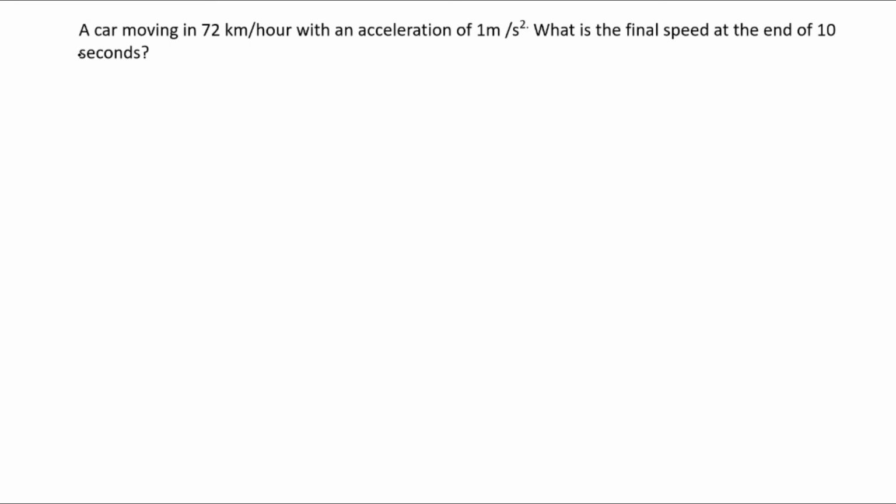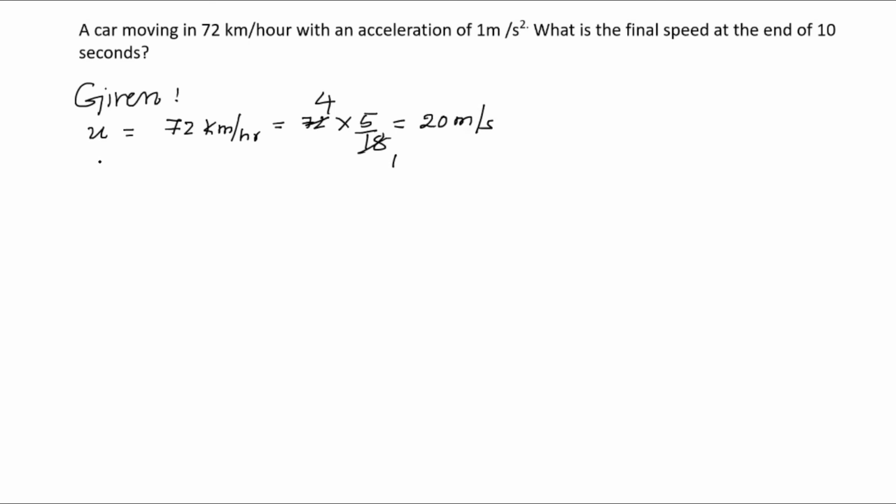After the statement, the first thing you have to write is Given, and under Given you have to write what u is, that is in this case 72 kilometer per hour, which is equal to 72 into 5 by 18, 18 ones are 18, 18 fours are 72, so that is equal to 20 meter per second. And then acceleration is equal to 1 meter per second square, time is equal to 10 second, and final velocity is question mark.